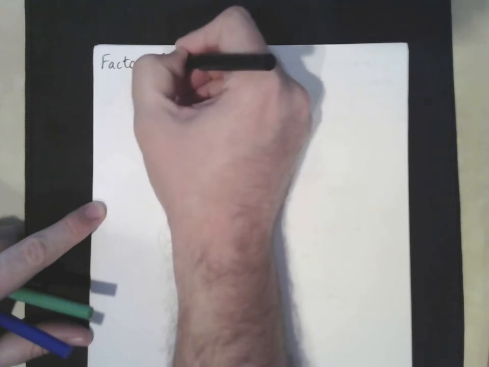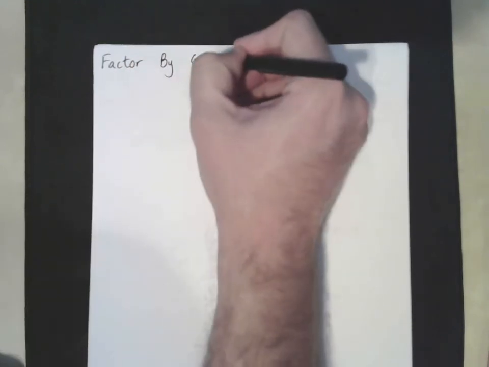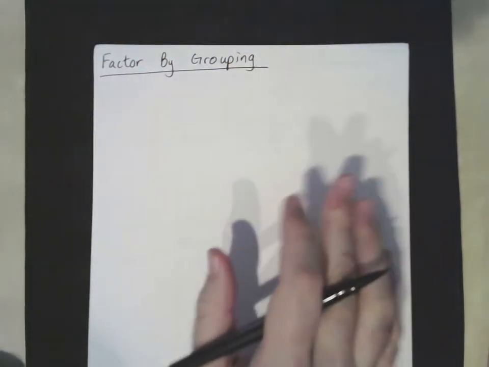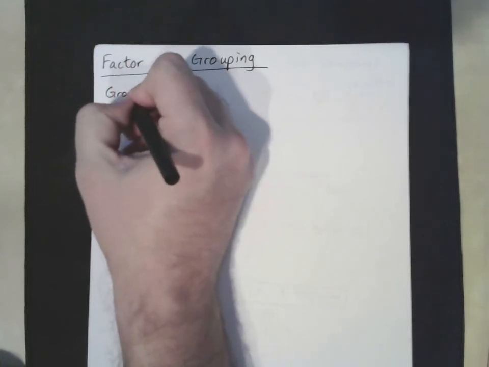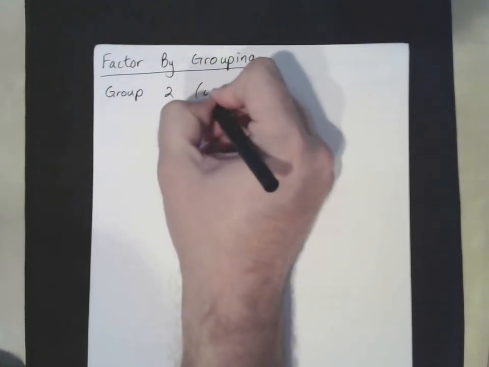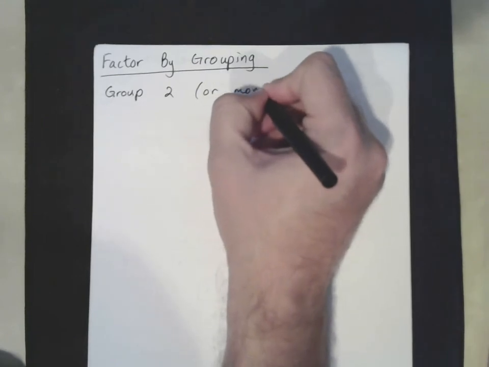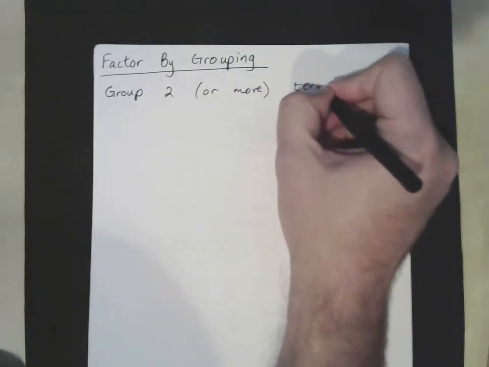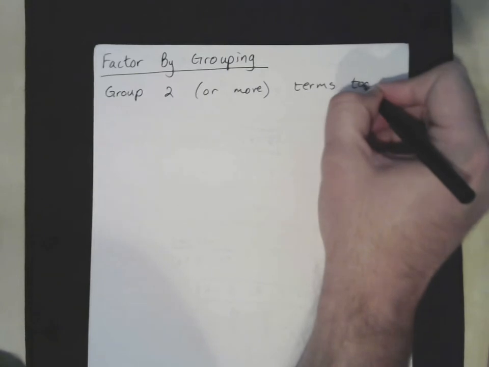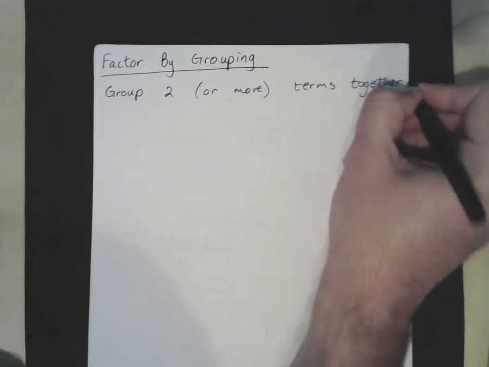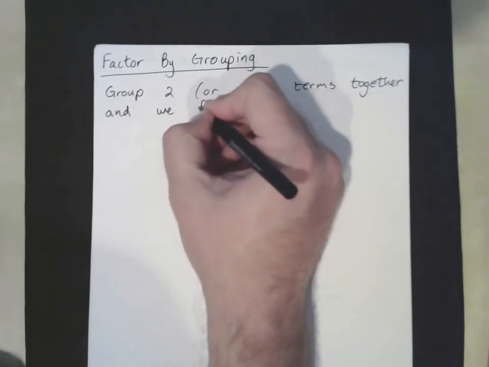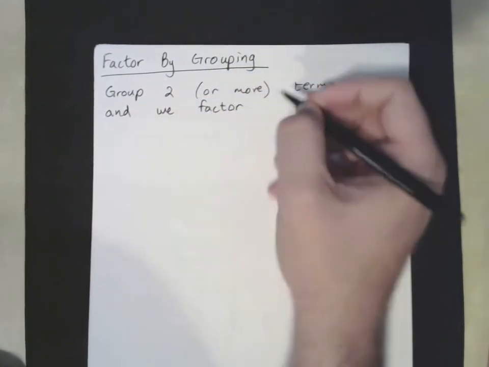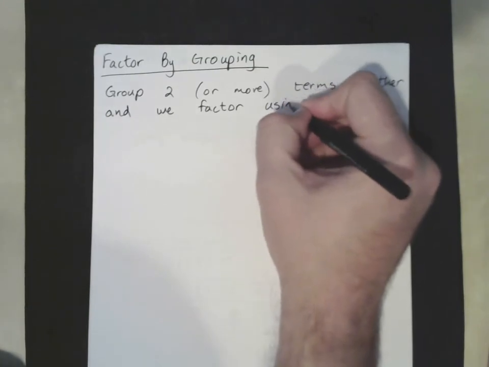Factor by grouping. Okay, so the way that factor by grouping works, a little review here, is we group 2 or more, sometimes more, terms together, and we factor using GCFs.